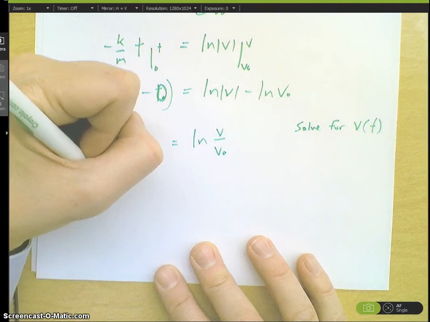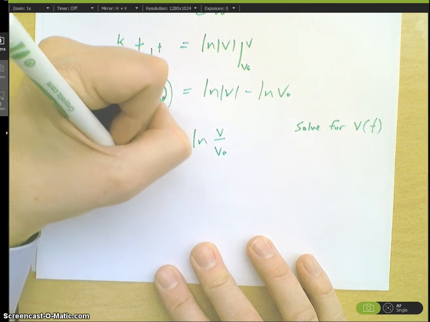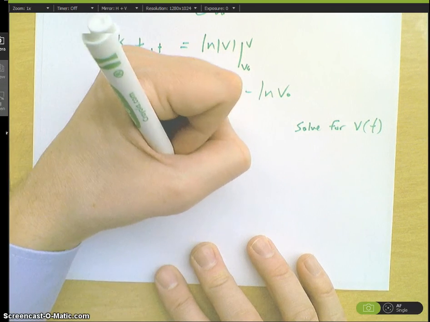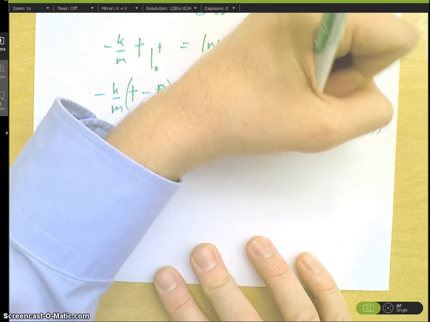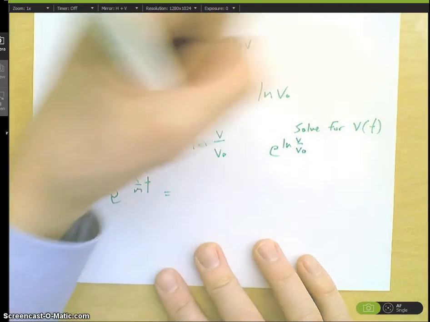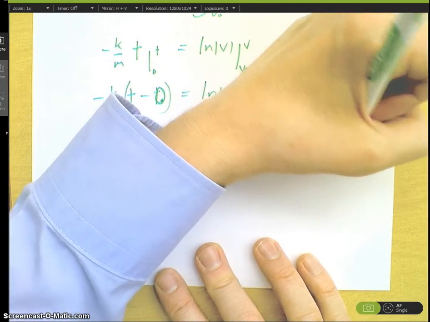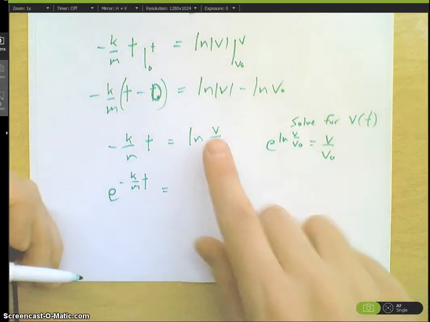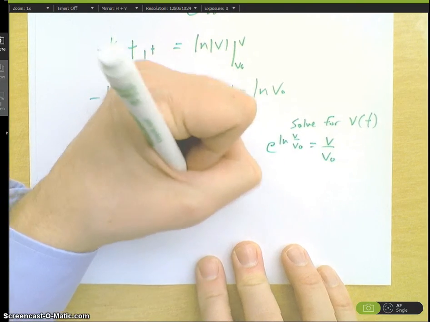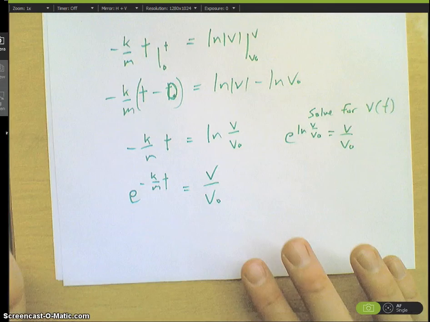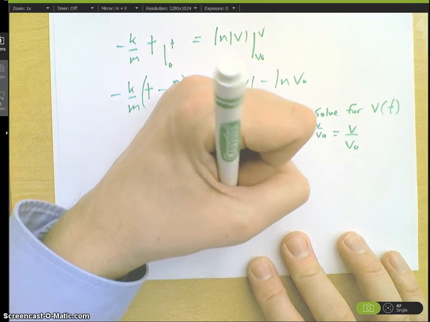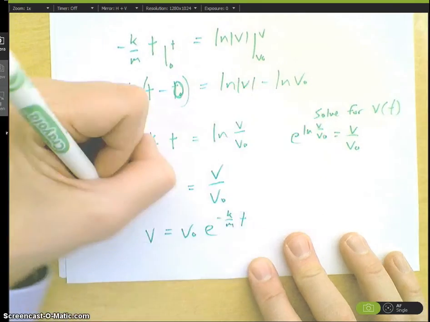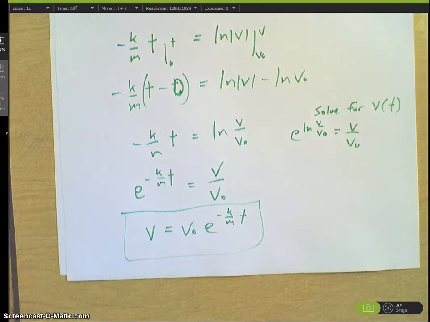If you take the E of both sides, E to the minus K over M t is equal to, if you do the E of natural log V over V0, this just becomes V over V0. So if you take the E of both sides, you're going to get this by itself. V over V0. Multiply both sides by V0. So you get V is equal to V0 E to the minus K over M t. And that's it. That's the solution for V.